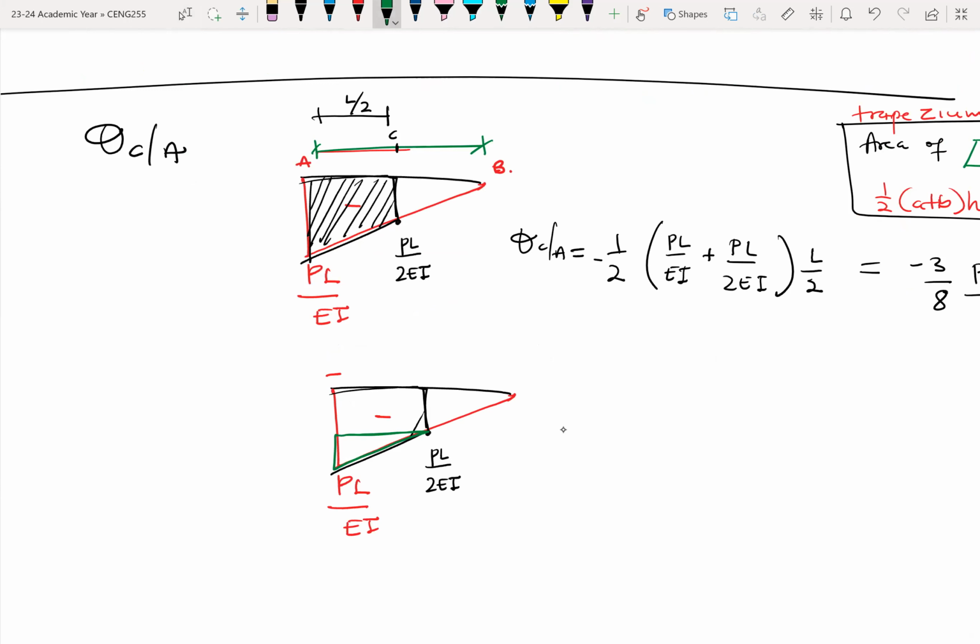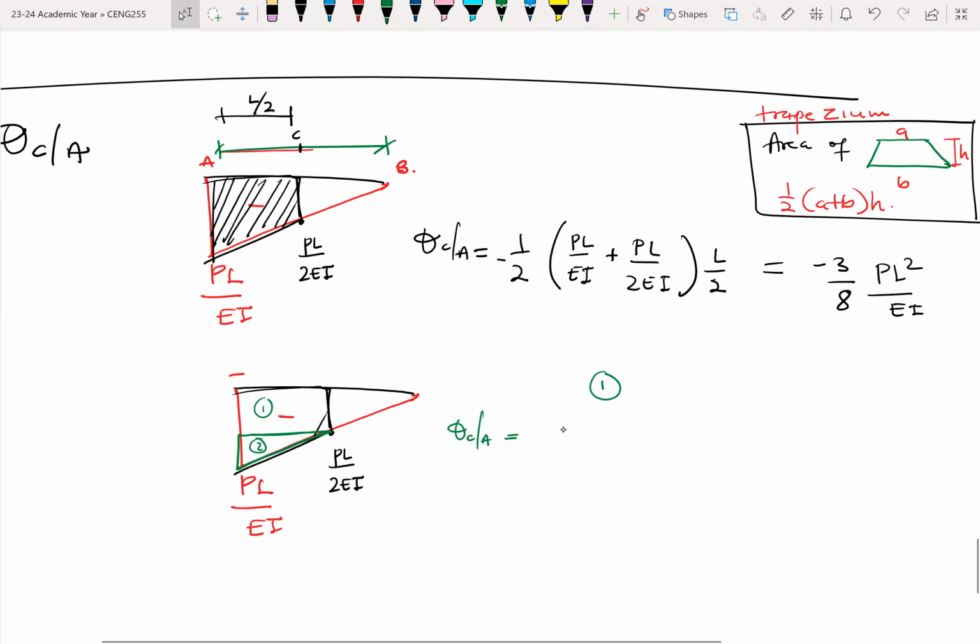So you have here 1, you have here 2. So this is area 1 and area 2. For area 1, it's simply PL over 2EI, and this is L over 2. The area of a rectangle is length times base, so times L over 2. So that will be for the area 1.